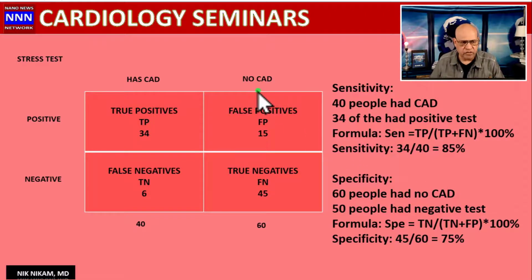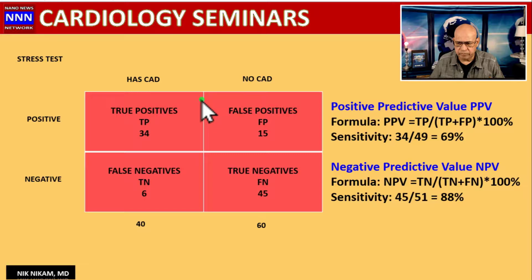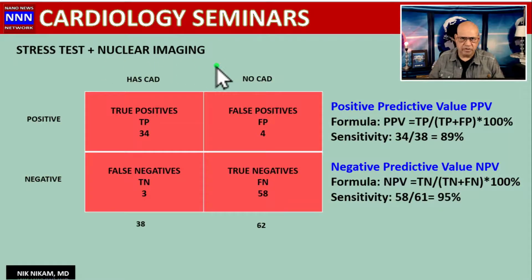So what you do is you try to combine the stress test with nuclear imaging, because you have the EKG changes. Now you are adding a second component, which is the nuclear imaging. So when you did that, the numbers changed a little bit. You had 34 real heart disease patients who had a positive stress test, but the negative stress test came down to 3 instead of, I think, 6.